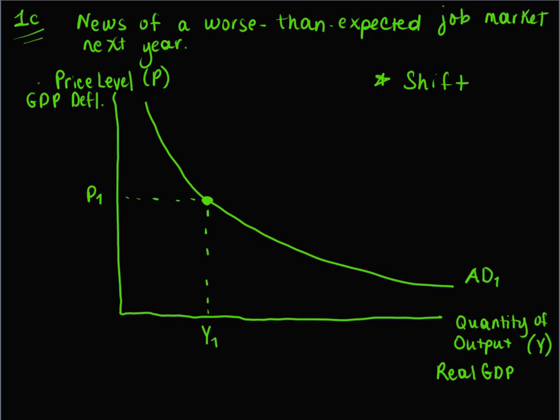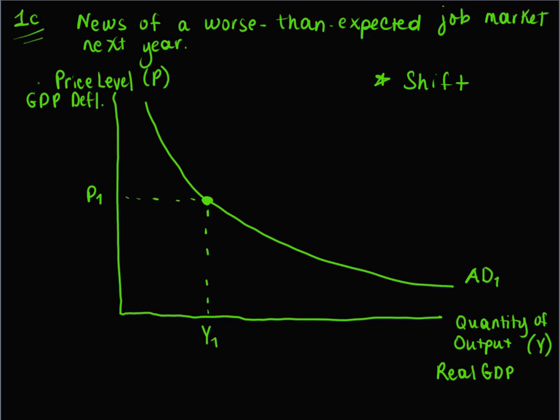And consider how you would change your demand for goods in our economy if you thought that the job market wasn't going to be doing well next year. If you thought your prospects for a job next year were either going to become unsteady or were going to get worse, I think it's reasonable to think that you would try to save the money you have now. If you're not optimistic about what the job market is going to be, you are more likely to hold on to your money than to spend it.